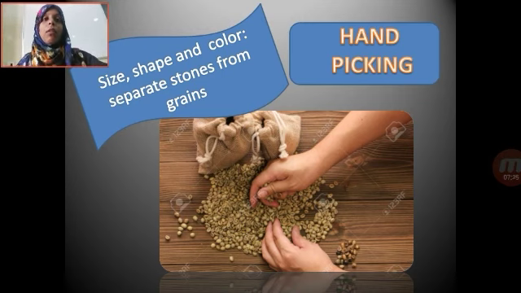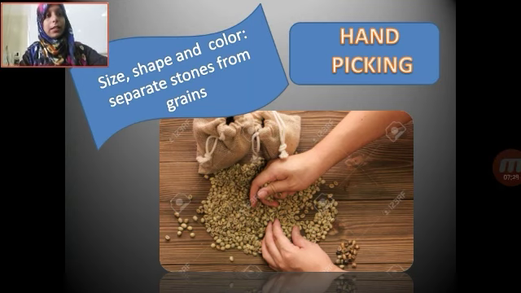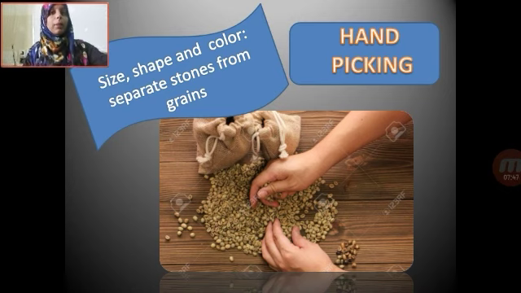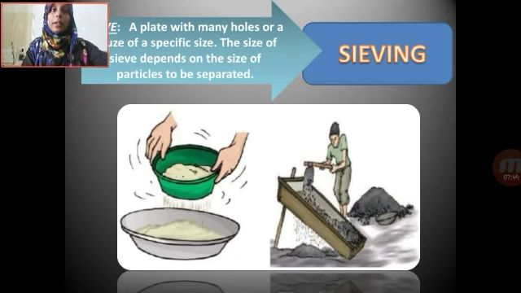This is done by the process of hand picking. The main thing you need to remember is that it is done in a small quantity. Your mother can't go down to a warehouse with sacks and sacks of grains. You need a small quantity to pick by hand, and it is a time consuming method too, and it requires a lot of energy.